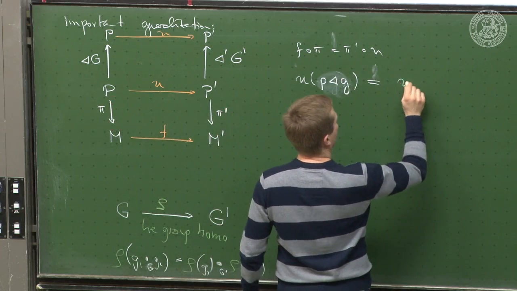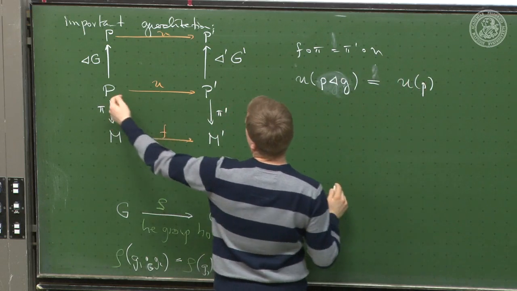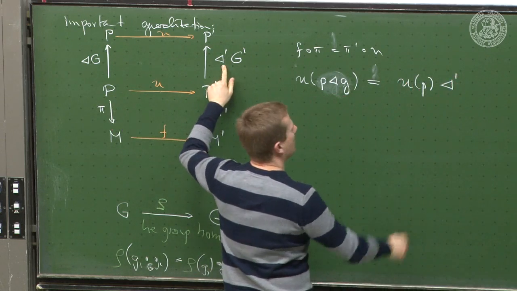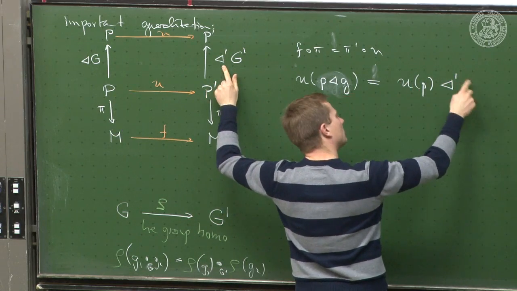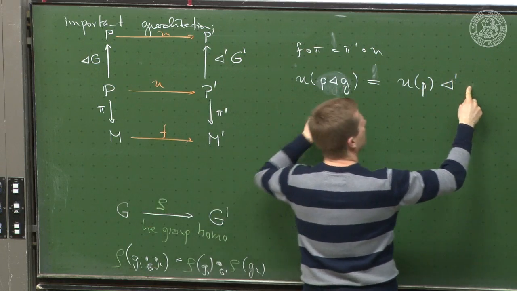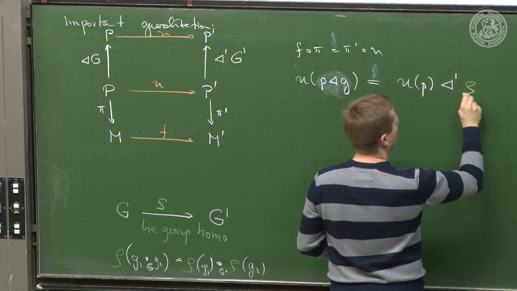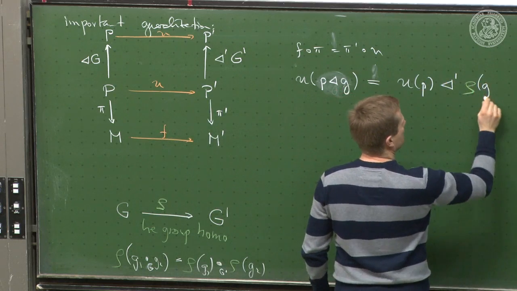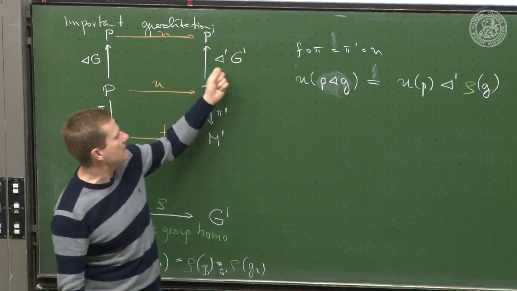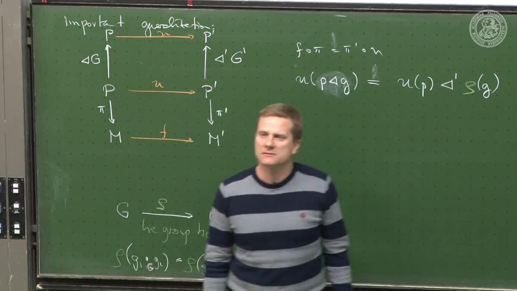This now must be first U of P, you first go here, and then you act with this guy. But there is another group with respect to which this is an action, and you have an element from the group over here, so obviously you now invoke the rho first, to make an element from the G group into an element of the G prime group so that it can act from the right.